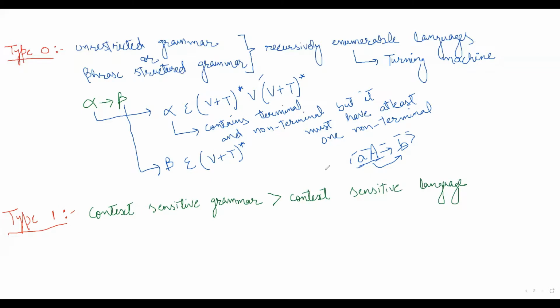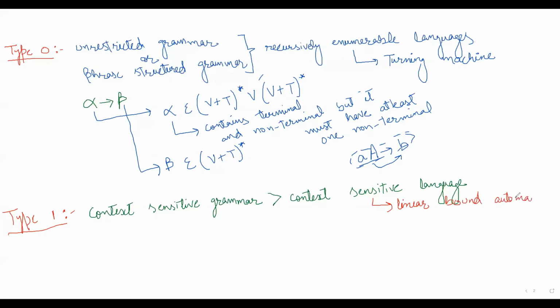And the automata that accepts, or we can say the mathematical model that recognizes context sensitive language, is called linear bound automata.